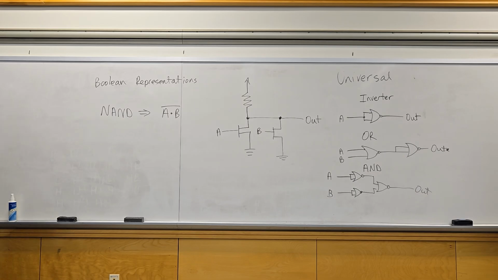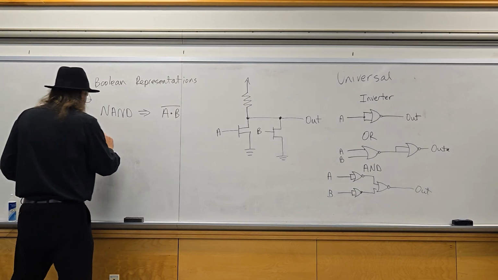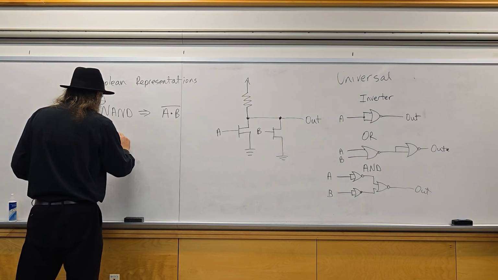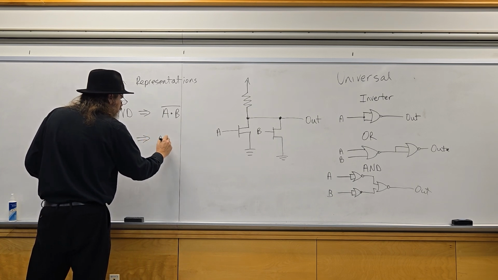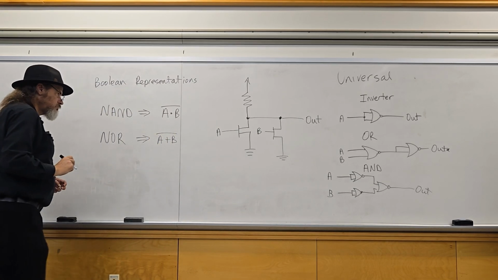NOR would be A plus B with a bar over everything.